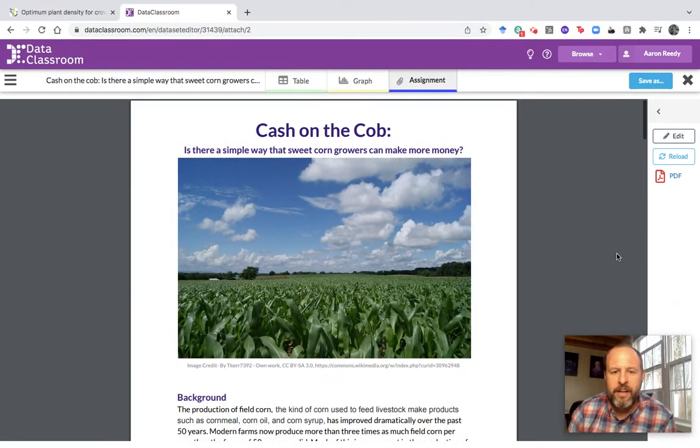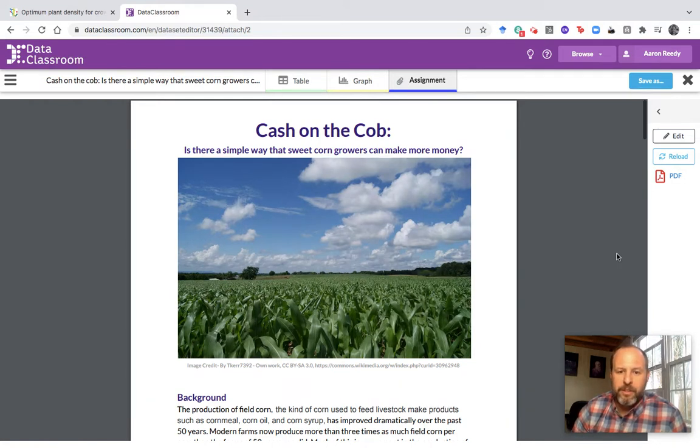It's referenced in the activity, and it is looking at a statistical model to see if sweet corn growers are maximizing their profits currently and what they can do to make more profit per acre of land that is planted with sweet corn. And a lot of this is based on effects of density.